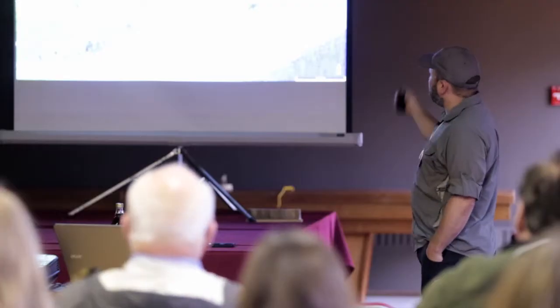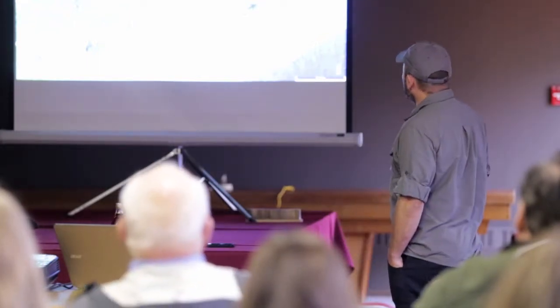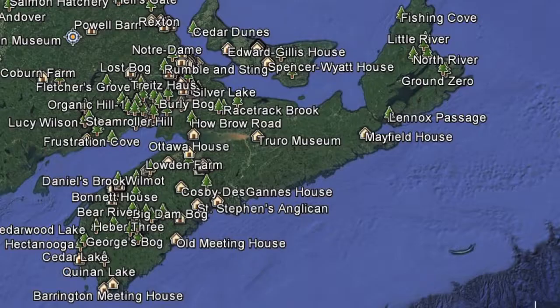But you get an idea of the distribution of where we've created chronologies and done sampling. There's a big hole here in Nova Scotia, so we've done very little work in this area. There's lots down in southwest Nova, lots in southeastern New Brunswick, not much in southwestern New Brunswick, and not much in the central area of the province. So there are definitely holes that need to be plugged, and more samples are needed.